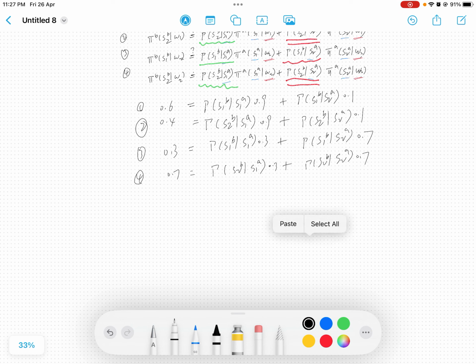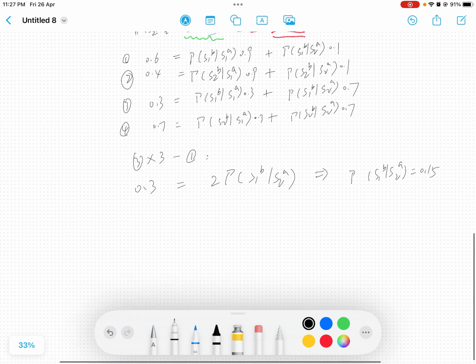So we use 3 times number 3 minus number 1. So this becomes 0.3, right? Equals 2 times gamma S1b given S2a. So it turns out that gamma S1b given S2a is simply 0.15, right?